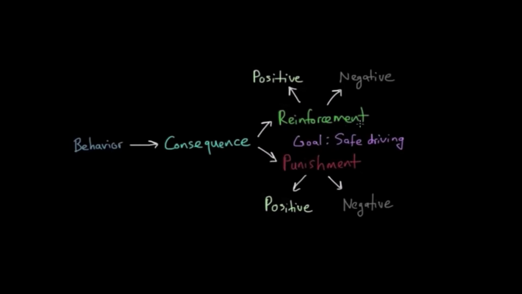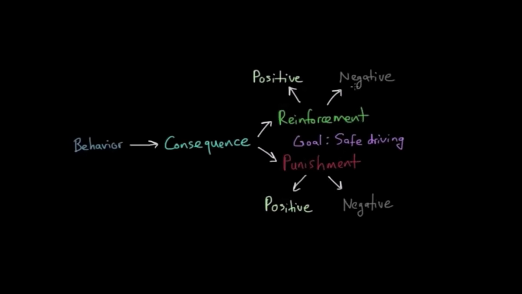So we see these two types of consequences: reinforcement and punishment. Reinforcement means it's going to increase the tendency that the goal behavior will occur again, and you can do that through positive reinforcement and negative reinforcement. When you see the word positive in this context, it means something is being added. Something is being added in positive reinforcement to increase the tendency that the behavior will occur again.